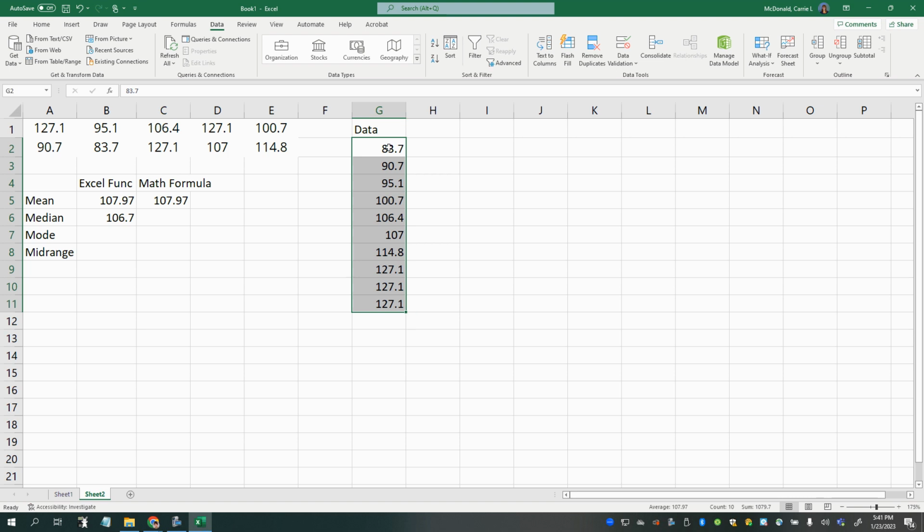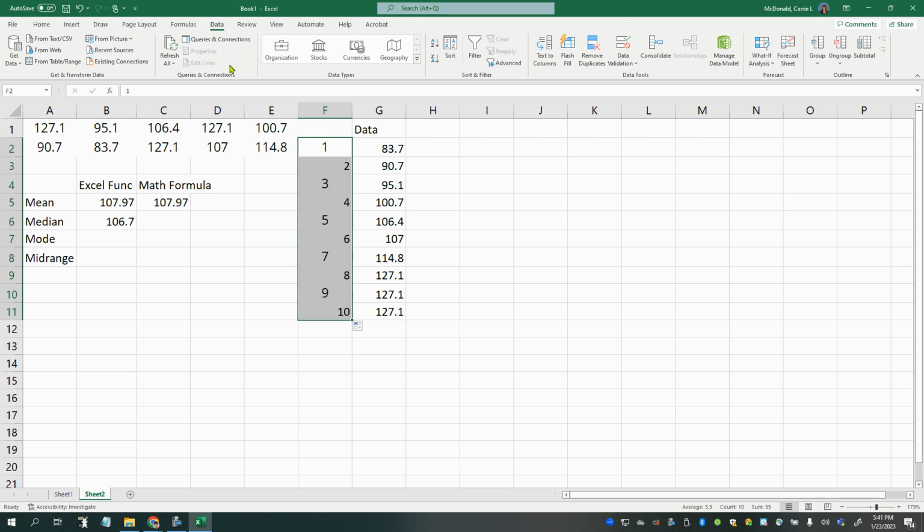And now I can easily tell where the middle is. Because I have 1, 2, 3. Why is it like that? Picking it up as data. I don't know why it looks like that. But anyways, 1, 2, 3, 4, 5, 6, 7, 8, 9, 10, right? 10 data values. Okay, so I have 10 data values.